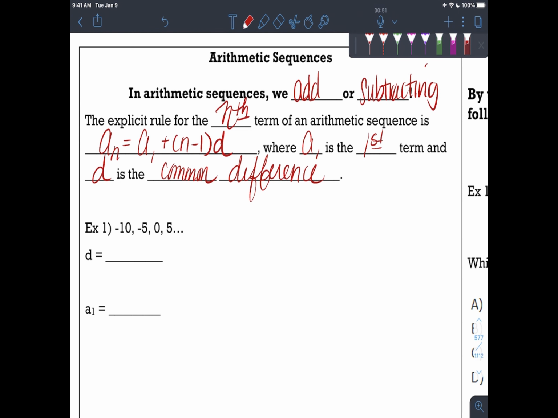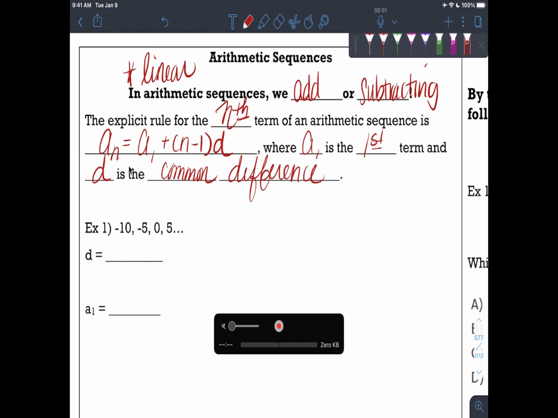As a side note, these are linear, meaning if I run a linear regression, it will give me the equation. It just will not be in this form. It will be in y equals mx plus b form, which is usually how they ask you to give it anyways.